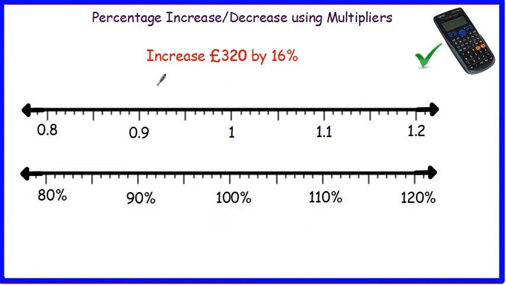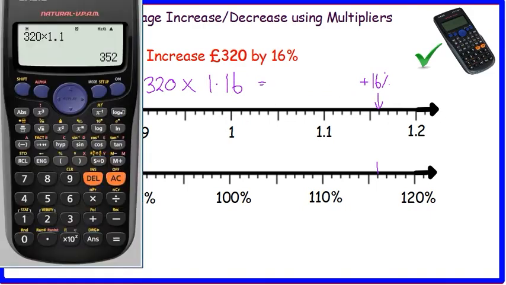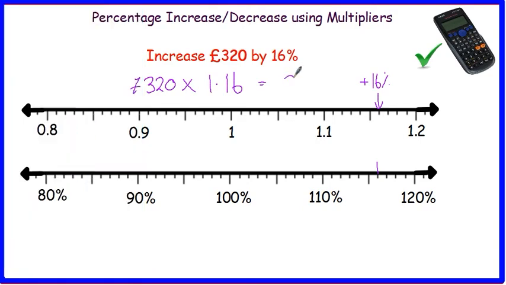Increase it by 16%: that will be £320 multiplied by, there's my 100%, and then add on the 16%. That's going to give me 320 multiplied by 1.16, giving me an answer straight away of £371.20.